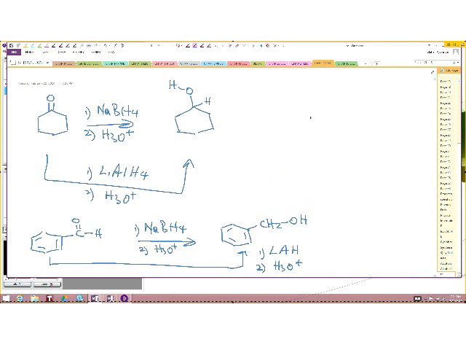Okay, now we've done the metal hydride reduction. That was 5, right? 6, still dealing with alcohol from carbonyl.